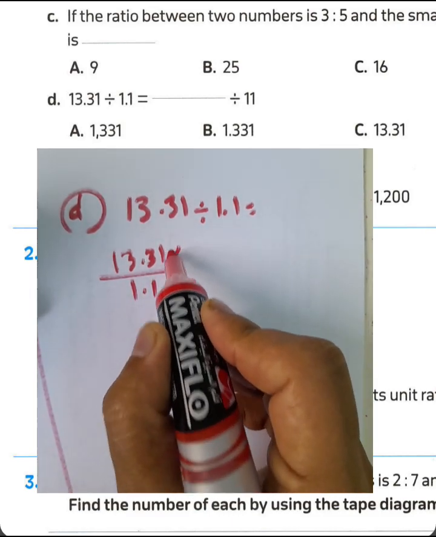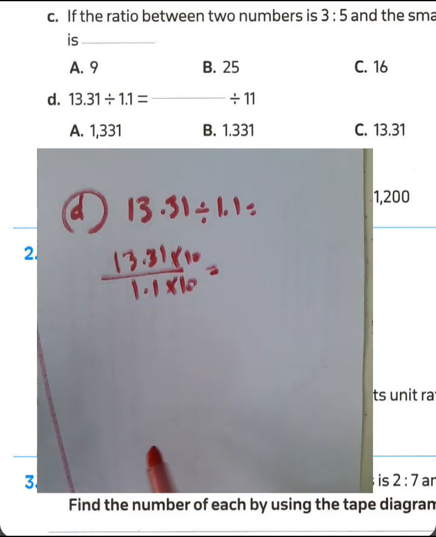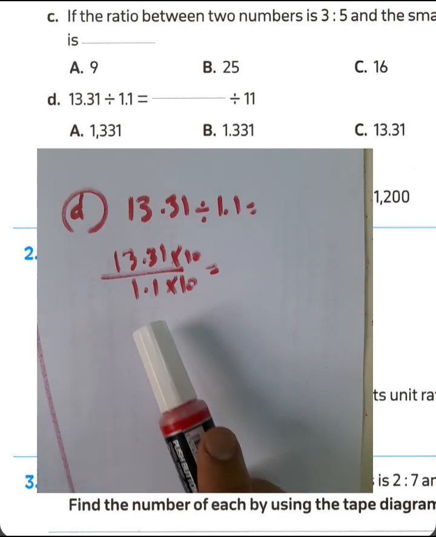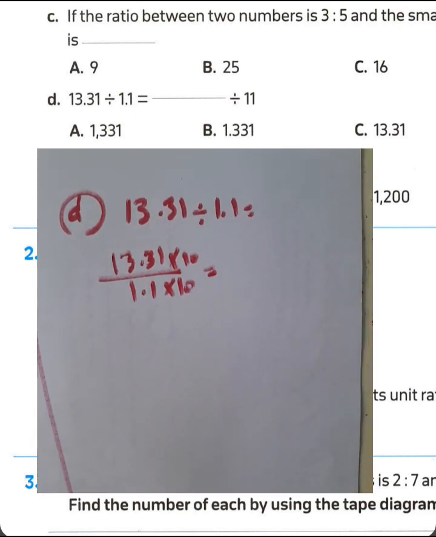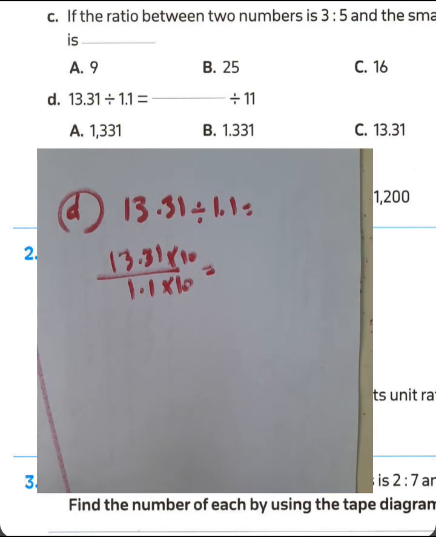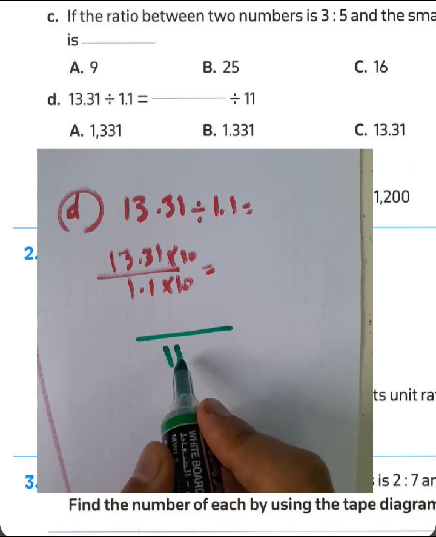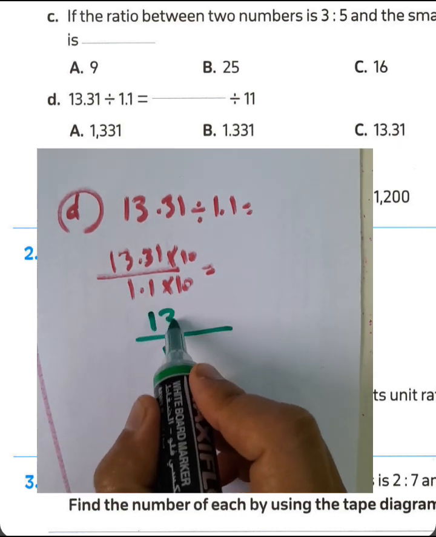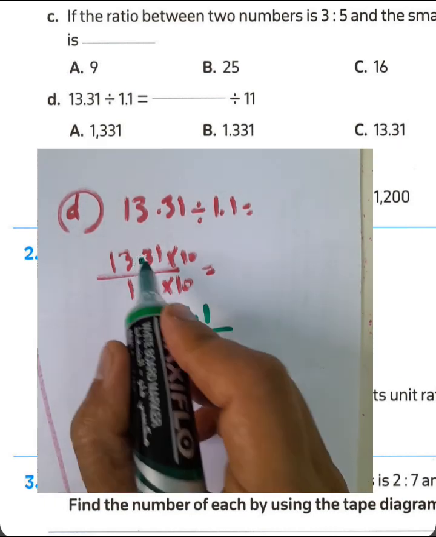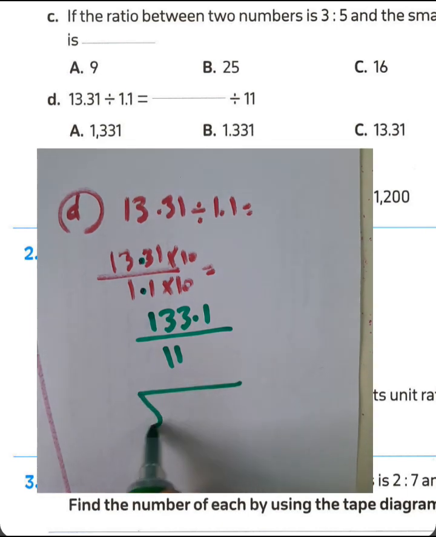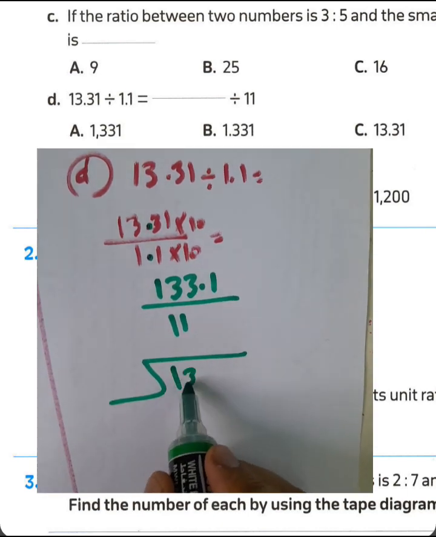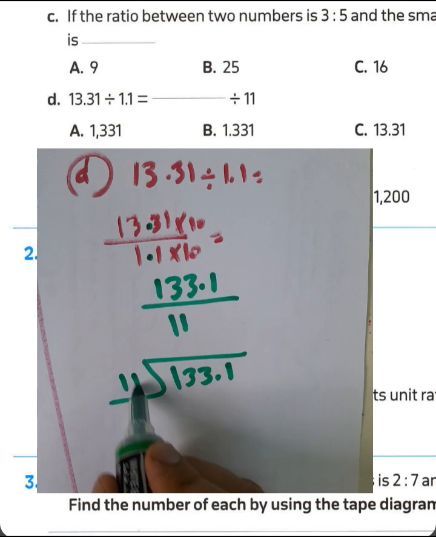First step, we must multiply by 10 to convert the divisor from decimal to whole number, multiplying numerator and denominator by 10, because the point is after one place. Then the divisor will be 11, and we move the point one place to the right. Then write 133.1 divided by 11.